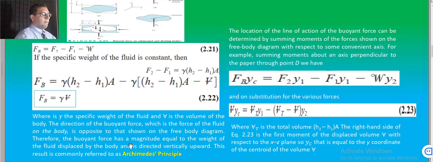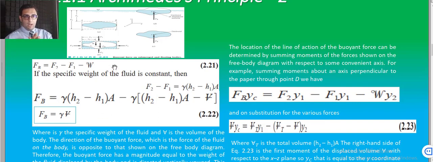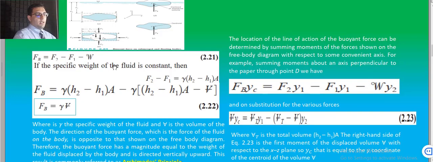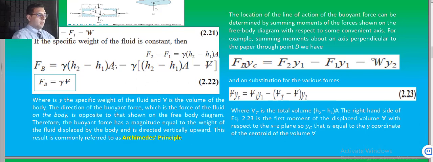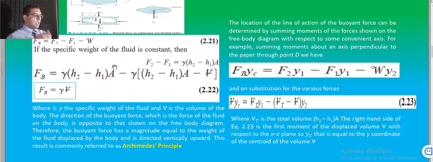If we want to identify the buoyant force of a body, we should use the weight of the fluid displaced by its volume, which acts in the upward vertical direction, and it is known as Archimedes' principle. So Archimedes' principle tells us that the buoyant force is the weight of the fluid displaced by the body.